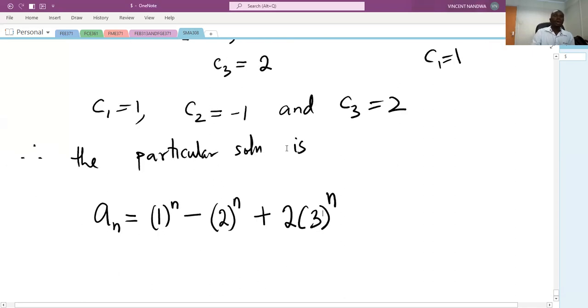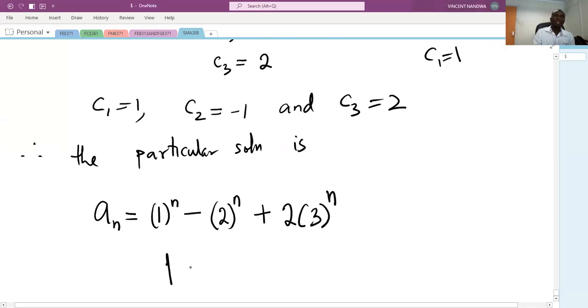So 1 power n is always 1, so it can be written as 1 minus 2 power n plus 2 times 3 raised power n. So that is the solution to that particular problem. Thank you.